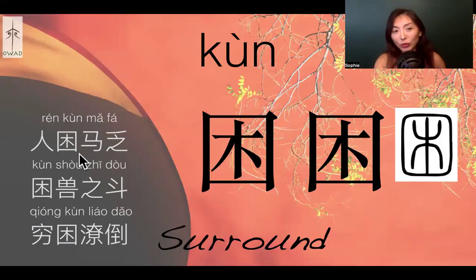Now, some examples for you to see how it's used in context. 人困马乏: 人 humans, 困 low energy, tired, 马 horse, 乏 fatigued. So 人困马乏. Even if we use 困 and 乏, they're kind of pointing in the same direction. We're describing, I guess, ancient travelers.